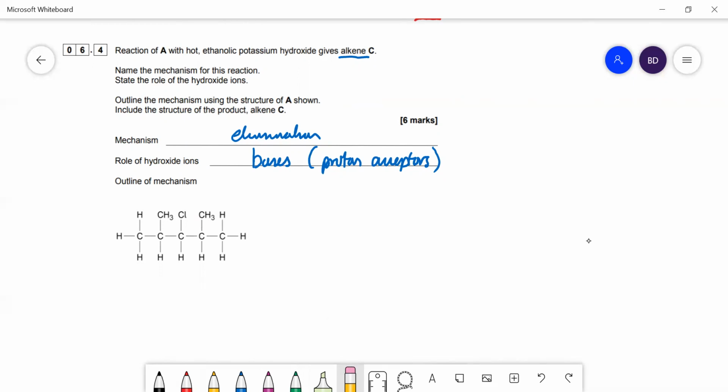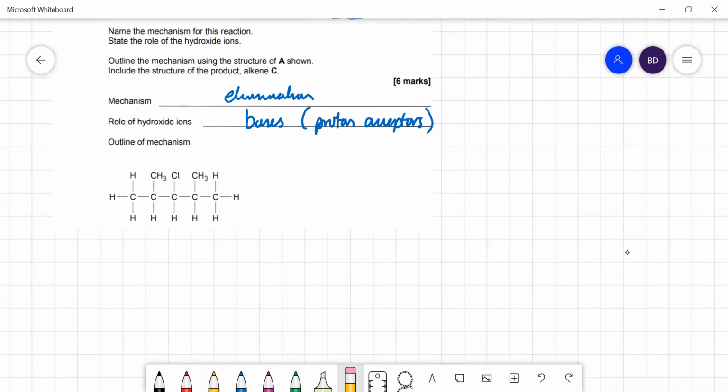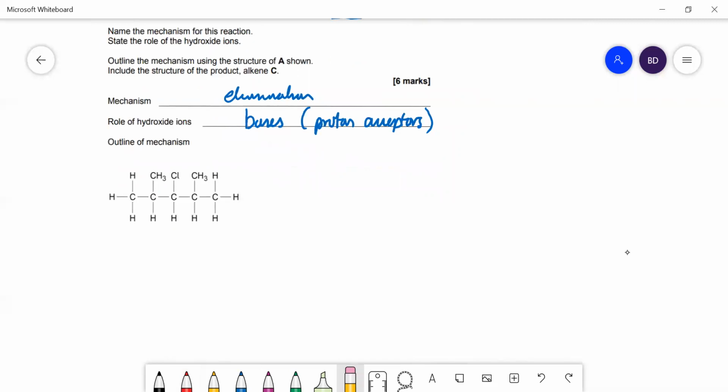Right, so we've got OH minus. And there's a lone pair on the OH minus. There's 3, but I'm only drawing 1. That's going to form a bond to that hydrogen. Now that hydrogen can only form 1 bond, so that means the pair of electrons in this bond are going to be lost, and they go like that to form the pi bond between the 2 carbons.